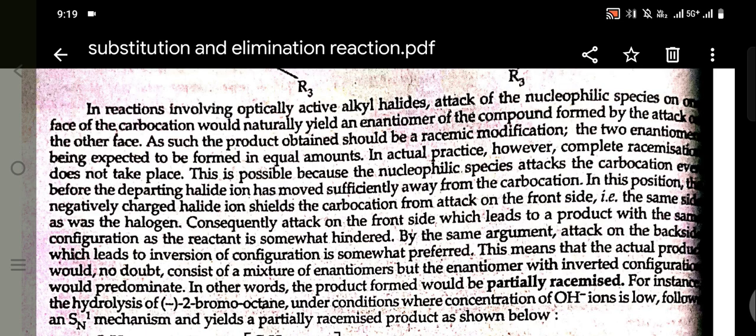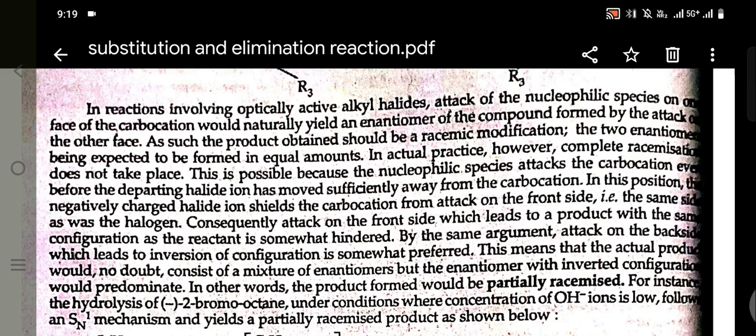In actual practice, however, complete racemization does not take place. This is possible because the nucleophilic species attacks the carbocation even before the departing halide ion has moved sufficiently away from the carbocation. In this position, the negatively charged halide ion shields the carbocation from attack on the front side, the same side as was the halogen. Consequently, attack on the front side, which leads to a product with the same configuration as the reactant, is somewhat hindered.